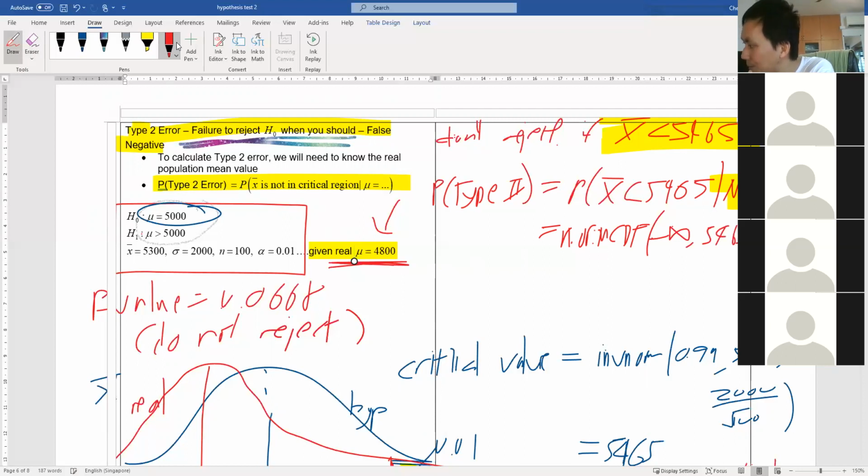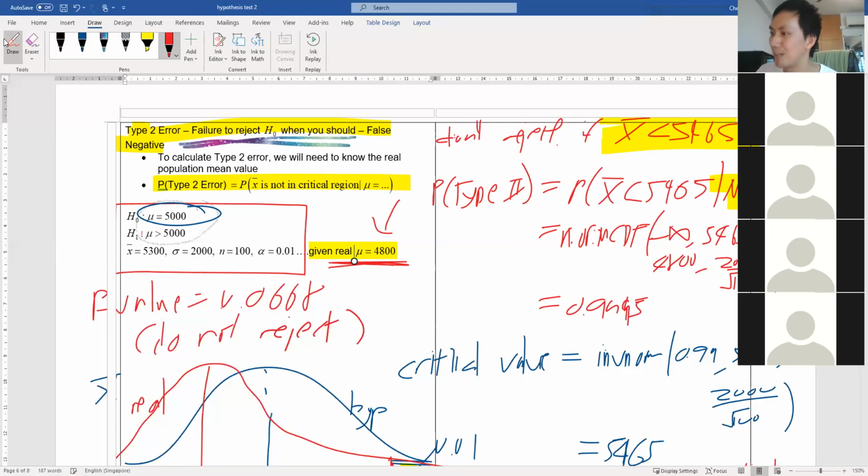The actual mu is 4,800, and the sigma is 2,000 over square root n, so 2,000 over square root 100. Understand? The type 2 error is usually quite a decent value. It won't be as little as alpha. It's 0.9995.